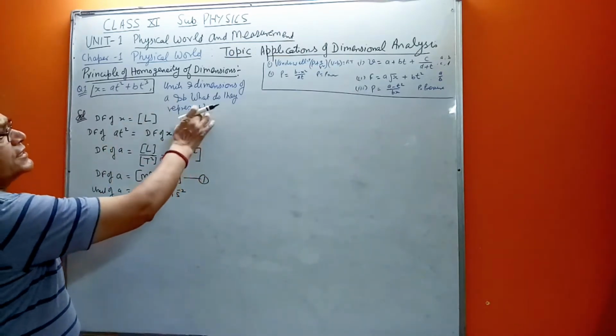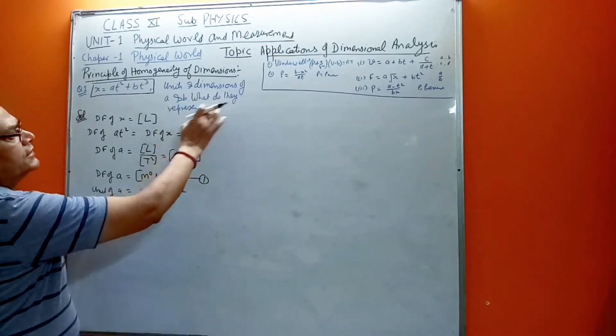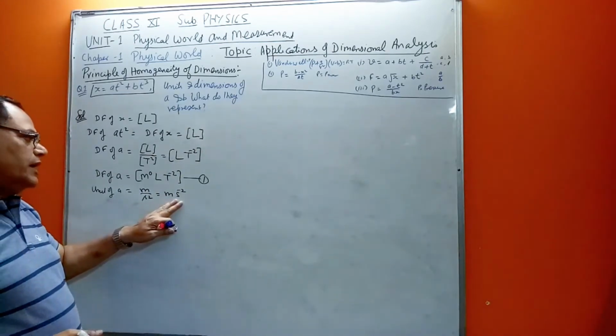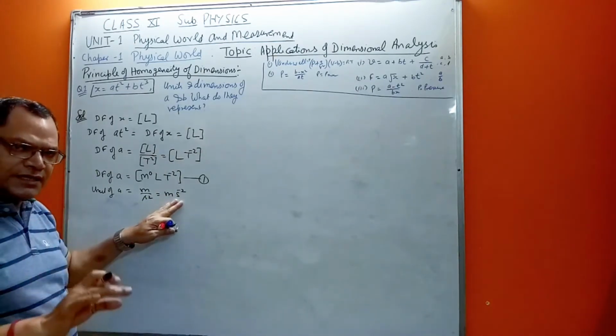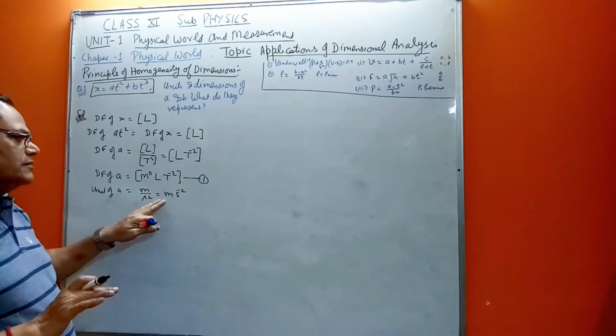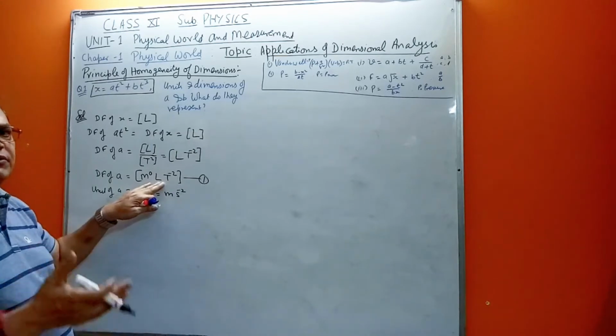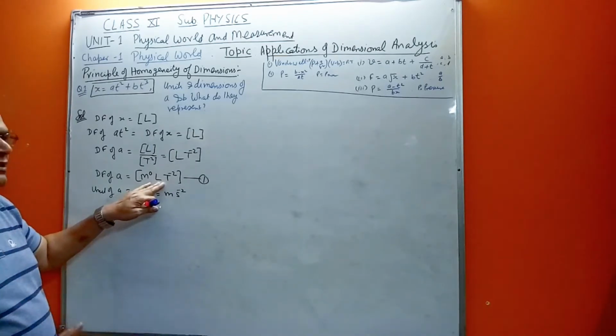And it asks what they represent. If you recall, meter per second square was the SI unit of acceleration, and LT minus 2 was the dimensional formula of acceleration.